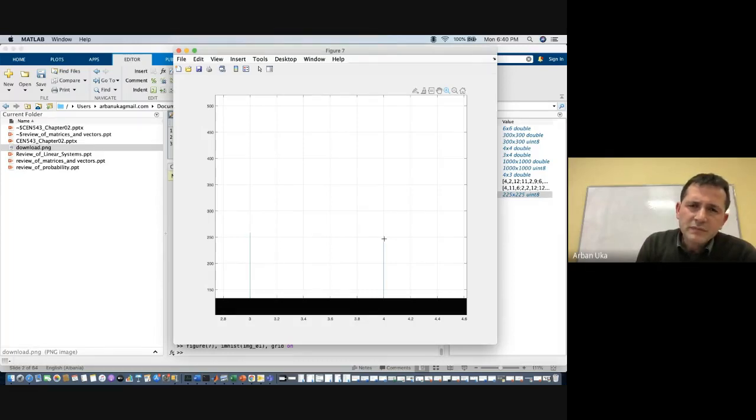Now, the idea of the histogram is an important concept, because we can see this in many applications. But one traditional question that you might often hear is the following.